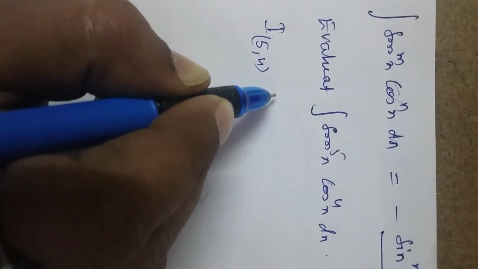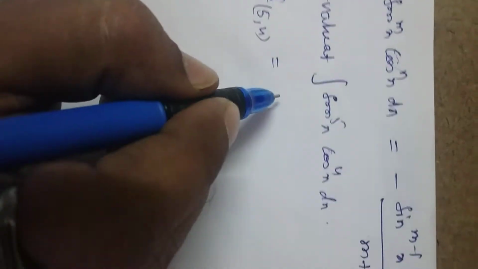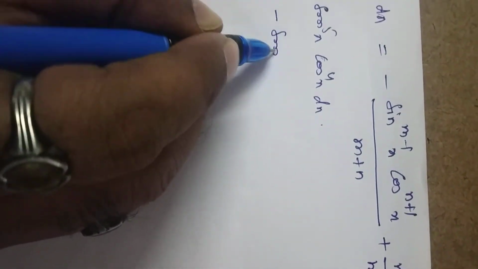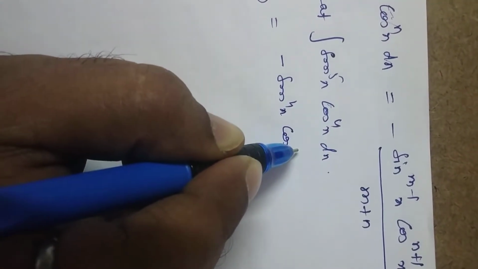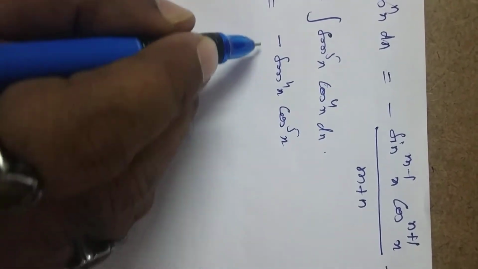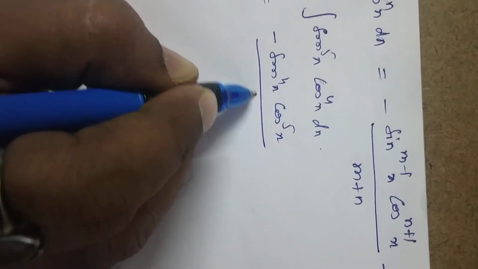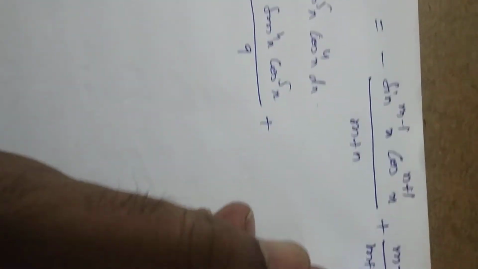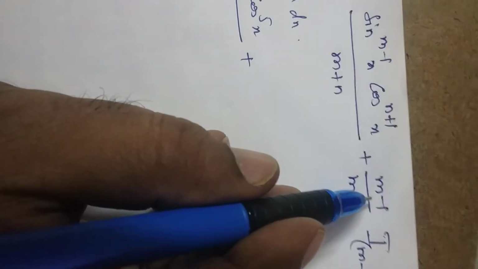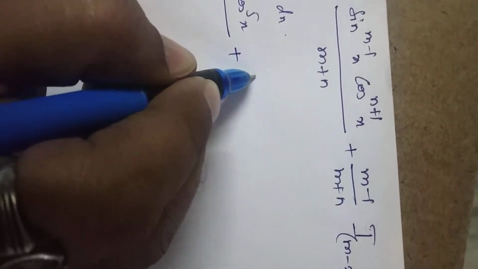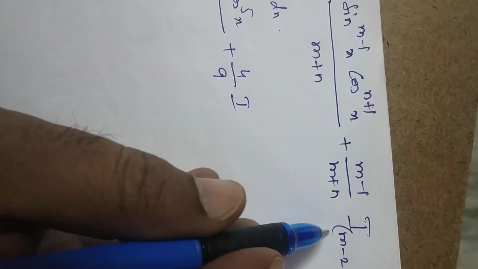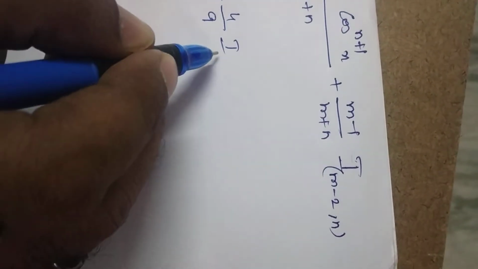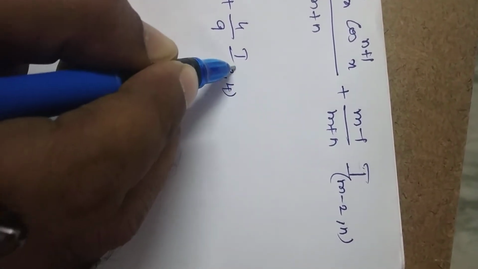So I get minus sin^4 x into cos^(4+1) x, that is cos^5 x, by m plus n, 5 plus 4, that is 9, plus (m-1), that is 5 minus 1, 4, by 9 into I(m-2, n), that is I(3, 4).